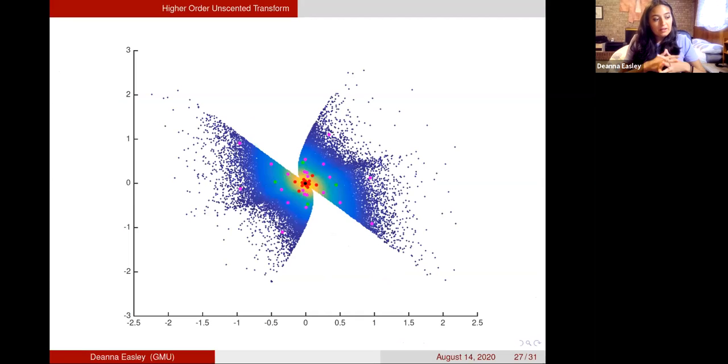And now here is what our ensemble looks like. Given this distribution, the black, red, green, and magenta points are quadrature nodes. The black correspond to the mean, the green to the covariance, red to the skewness, and magenta to the kurtosis.